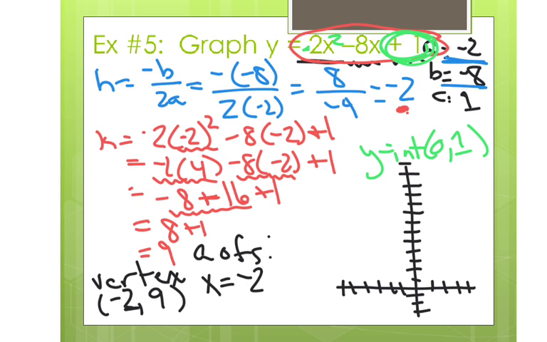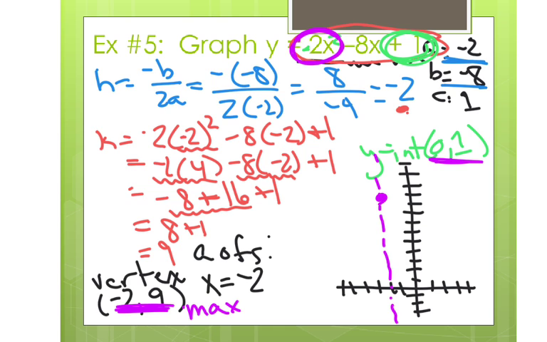I went ahead and sketched a coordinate plane here, and now we're going to start looking at our graph. We're going to start with our vertex, which is negative 2, positive 9, and notice our x squared term was negative, which means that our vertex is going to be a maximum value. So left 2 and up 9. Just going to put us right there. And our axis of symmetry is just going to go straight through there.